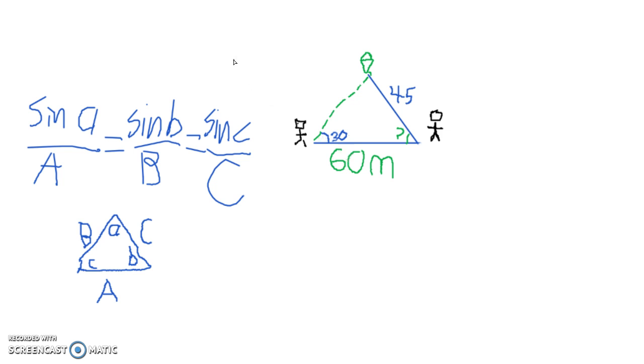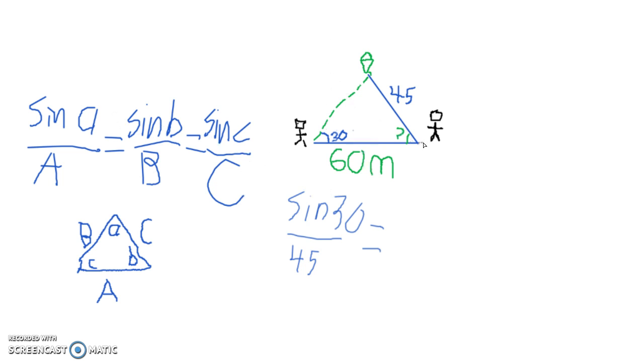Now, how can this help us? Well, we see here that we have 30 degrees right here, and on the opposite angle, we have 45 degrees. So here we can write sine of 30 degrees over 45 meters is going to be equal to one of these, basically.